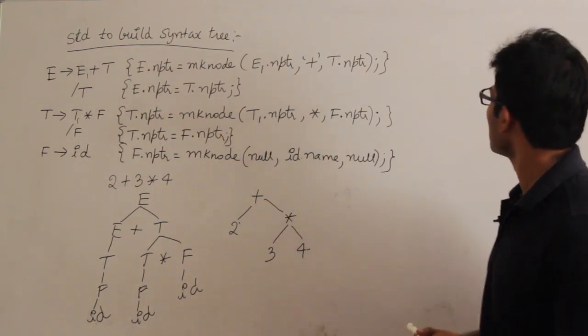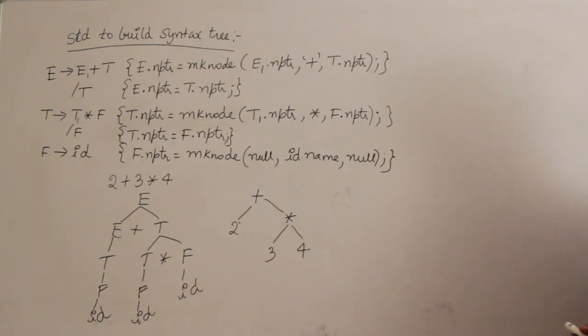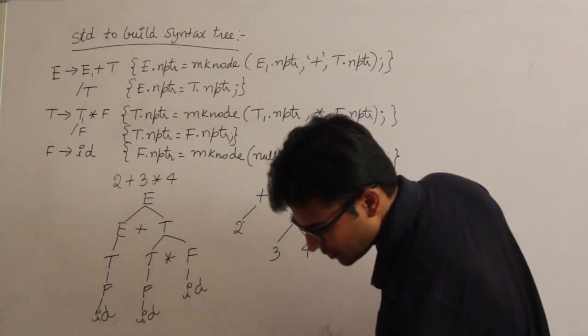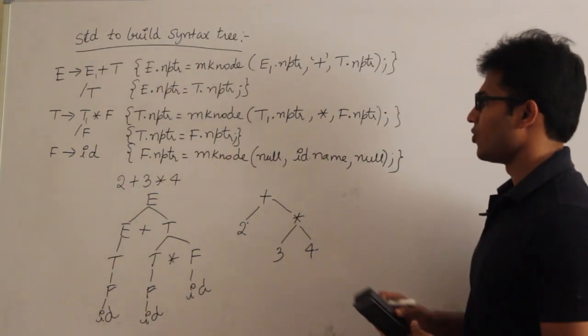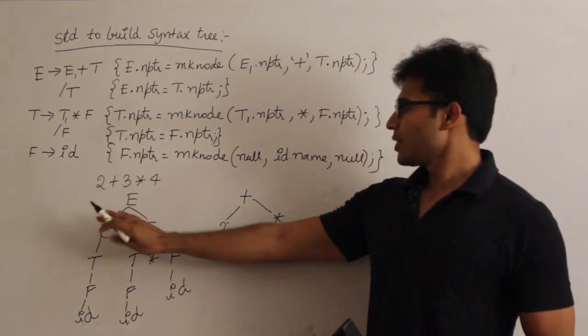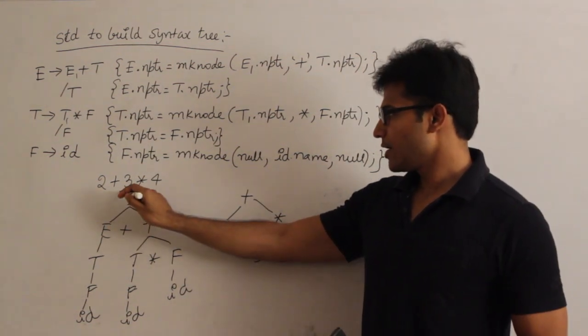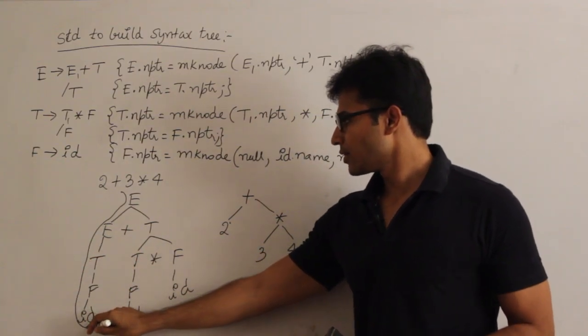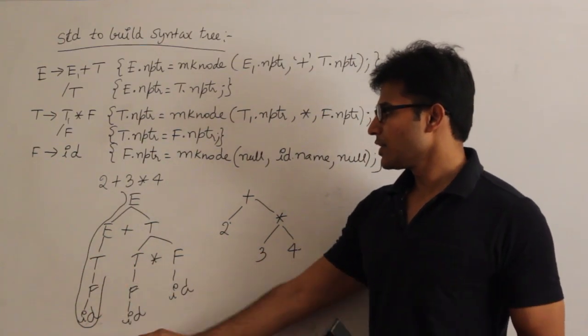So I'll take an example and show you how it is working. Let's take the same example, 2 plus 3 into 4, and we should get this as the final output, right? I have constructed the parse tree and I'm traversing it using a bottom-up parser. Now there is a reduction.